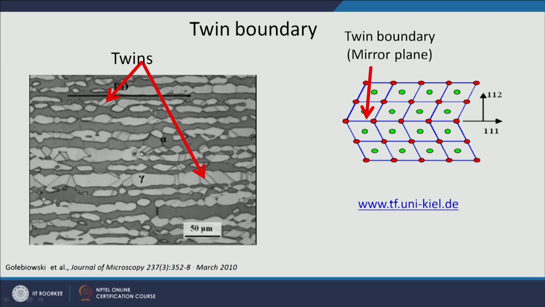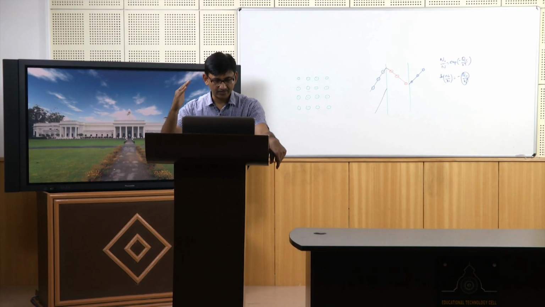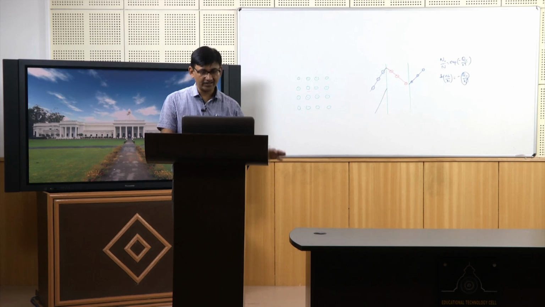They start from here and end here, so it is not going beyond this particular grain boundary. This also you can see, because there is another phase coming, it will not go beyond this particular phase boundary here. So, the phase boundary or the grain boundary is the limit beyond which it will not go. You can see the idea which I was telling you.